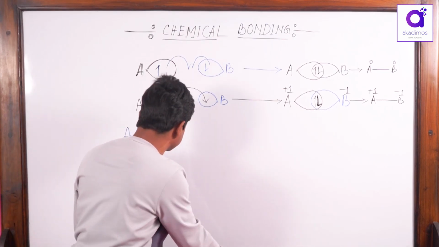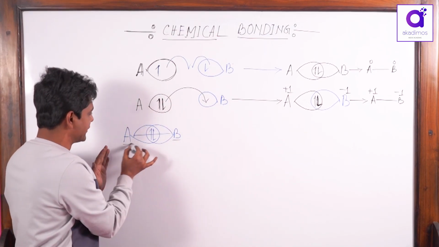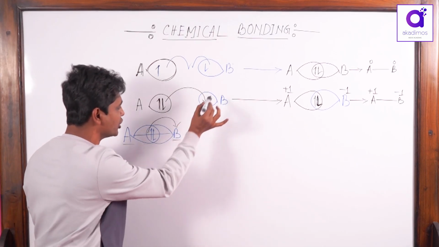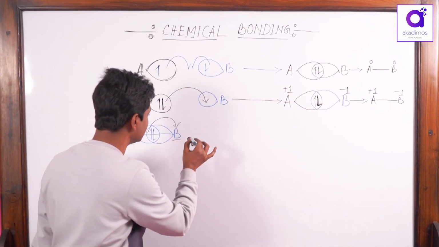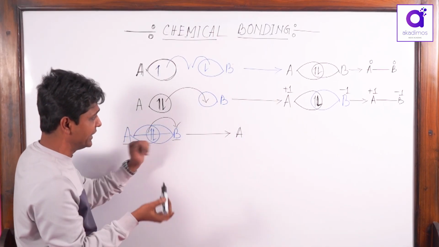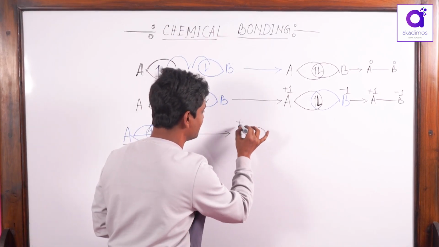Now if I break this bond, let B be electronegative, A electropositive. If I break both electrons onto B, what will you get? You will get A with a vacant orbital and plus charge, both electrons on B.